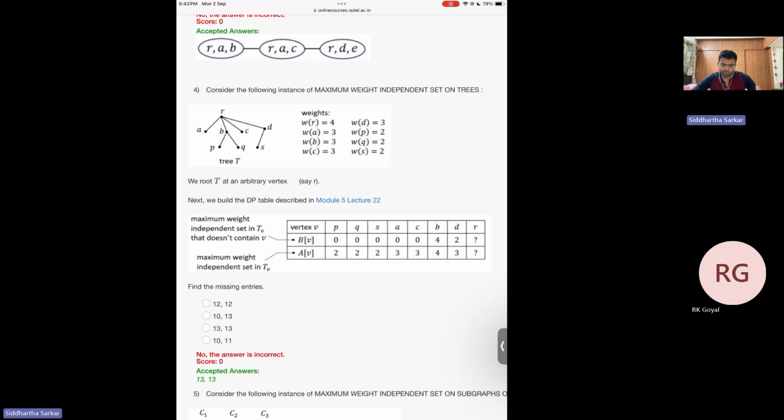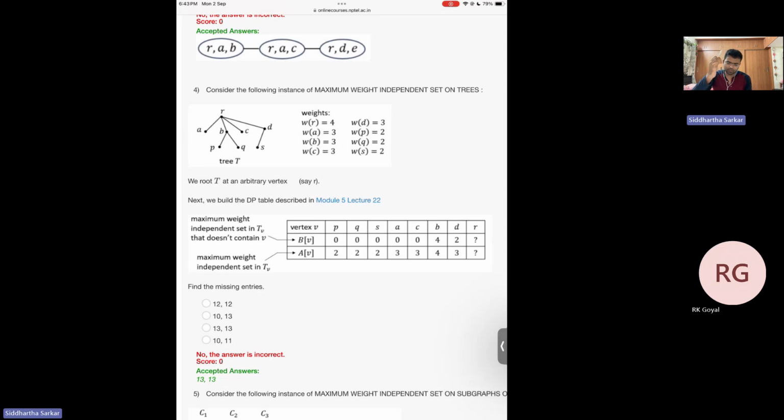And while computing the value, let us say B of V at some point, we said that you're either taking a vertex or not. If you're taking a vertex into your independent set, then you are not taking any of its children, but you can take the grandchildren. But if you're not taking a vertex, then you can take the children and so on. Because it's a tree, we could build up this table bottom up and compute the missing entries.